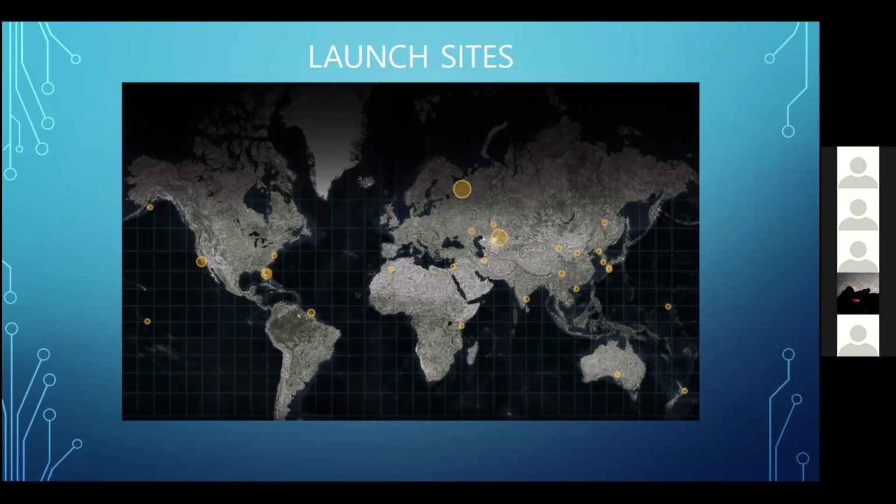This main one is Baikonur Cosmodrome, and then we have some Indian ones, which is Satish Dhawan, and we have Jinkwon Satellite Center. One thing that I'd like for you to note is most of the launch sites are in very equatorial latitudes, right? Except this one up here, which is serving the northern and polar orbits.